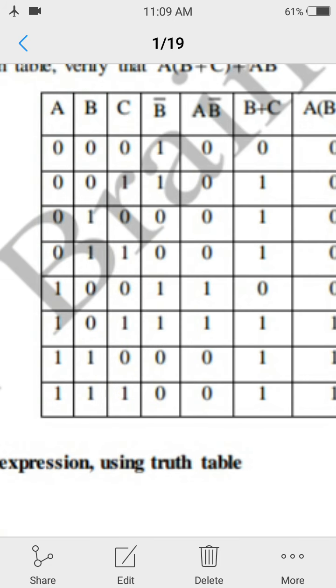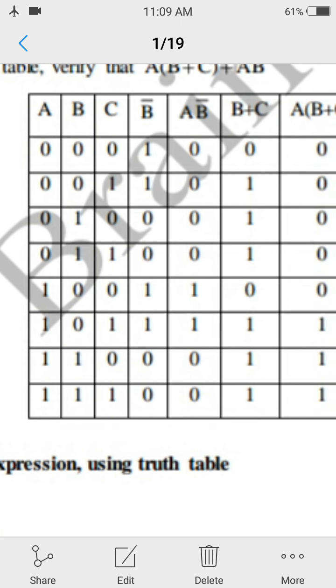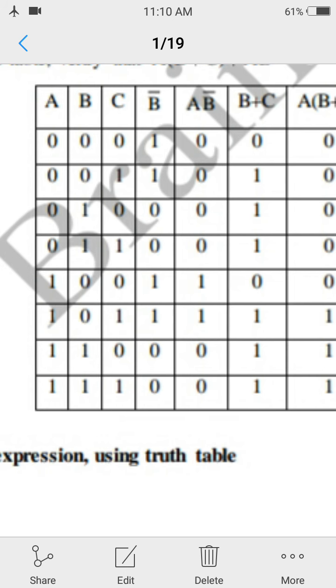Again in the second row, A has the value 0 and B naught has the value 1. We know when we do the AND operation upon the binary digits 0 and 1, the result will be 0. The result can be 1 only when both A and B naught are true, or 1.